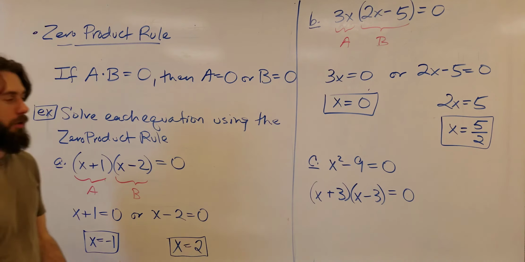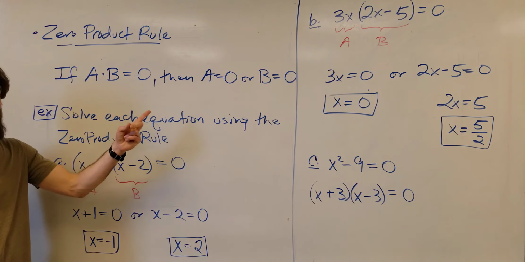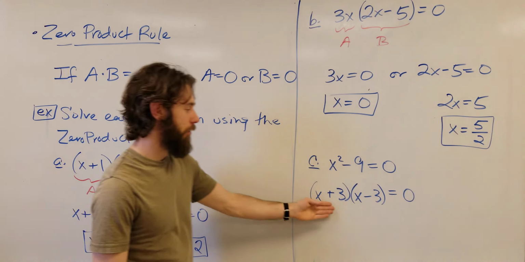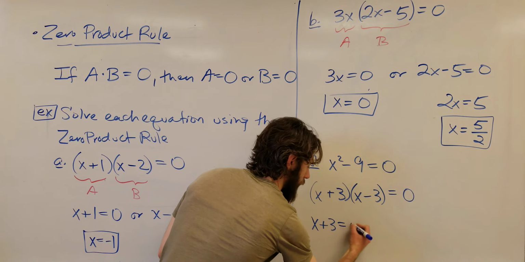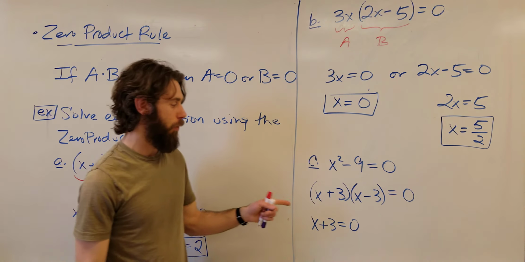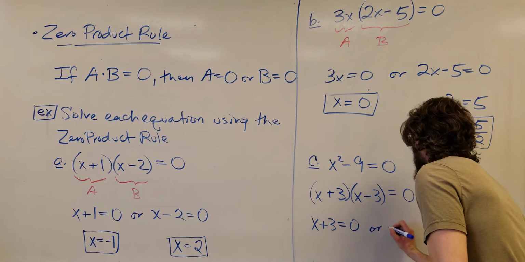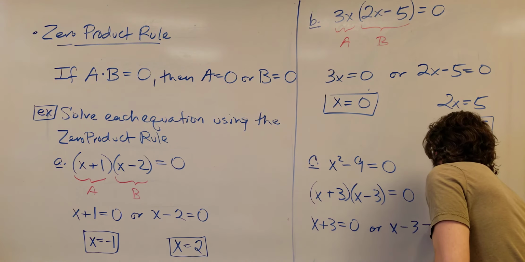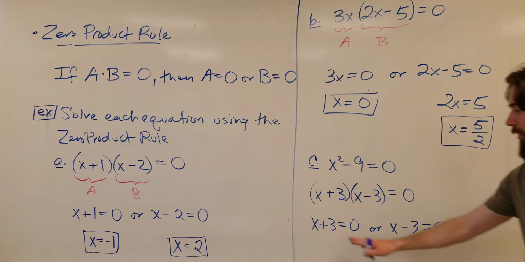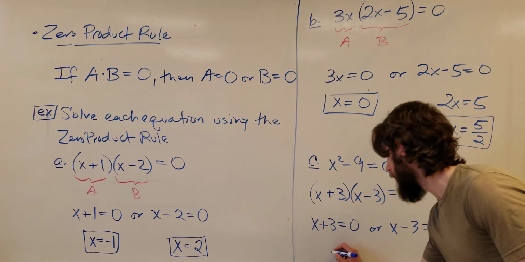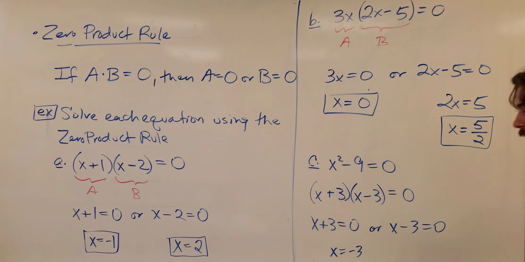Okay, so we have these two factors equal to 0. By the zero product rule, we can conclude that one of the factors must be 0. So either x plus 3 equals 0 or x minus 3 equals 0. All right, and then to solve those, we just subtract the 3 for this one to get x equals negative 3.